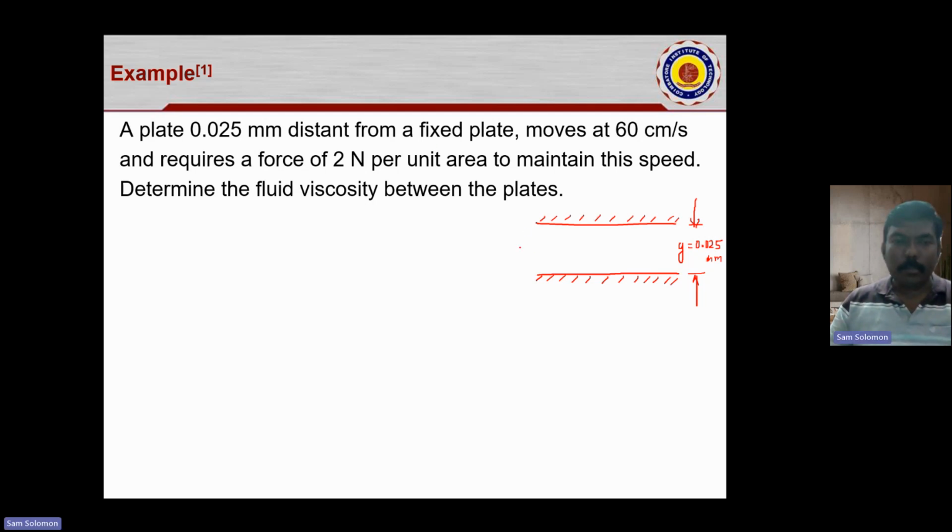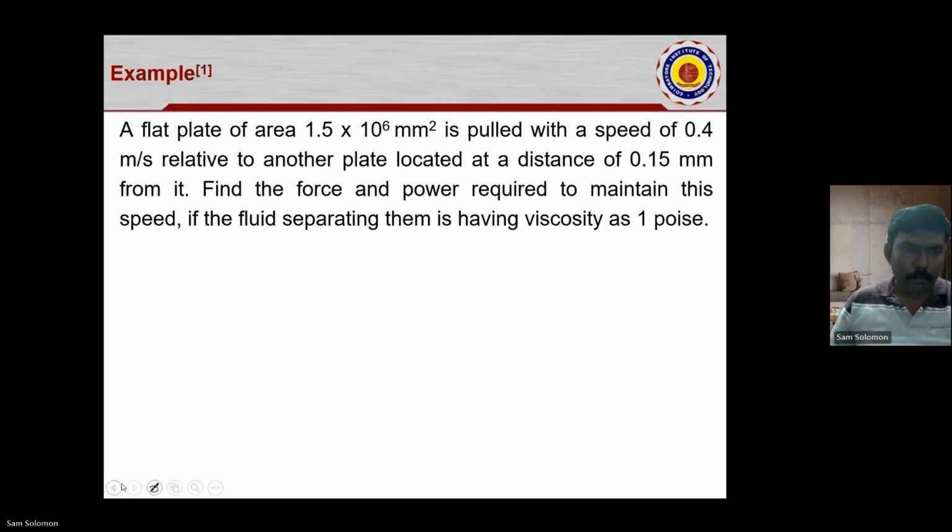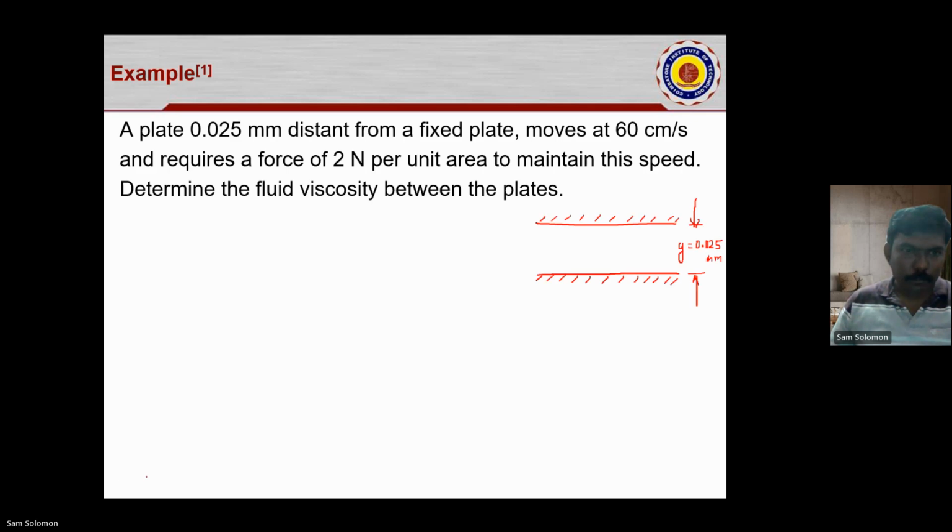Sorry. So what should have been done here? They say that this is not a fixed plate.